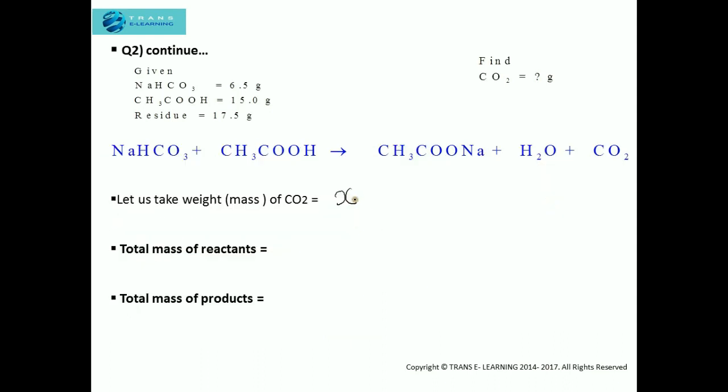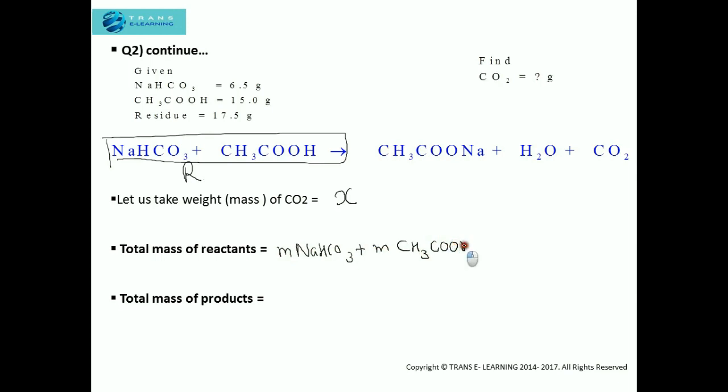The mass of carbon dioxide, I will take it as X, and now I will find the total mass of reactants. So these two are the reactants, so the mass of the reactants will be mass of sodium bicarbonate plus mass of acetic acid. So this will come out to be 6.5 gram plus 15 gram, so it will be 21.5 gram.